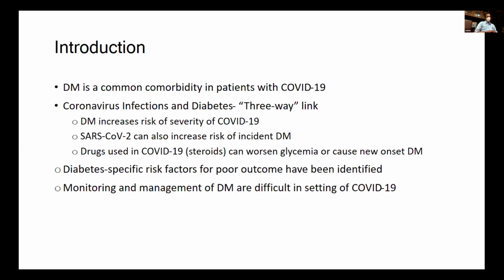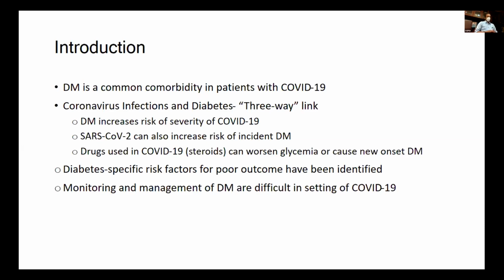And third, steroids are commonly used nowadays in very severe patients of COVID-19. Severe patients basically means those who develop hypoxia. Steroids per se can raise blood sugar in those who have already been diagnosed with diabetes.